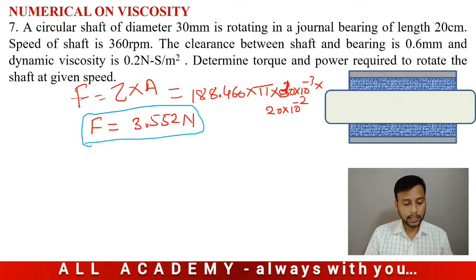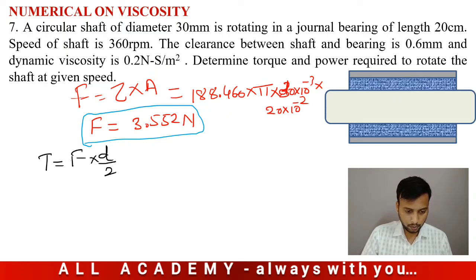Now the torque required to turn this shaft is given by T is equal to F into D by 2. Why have I taken D by 2? Because this is a shaft, so we need to consider half.